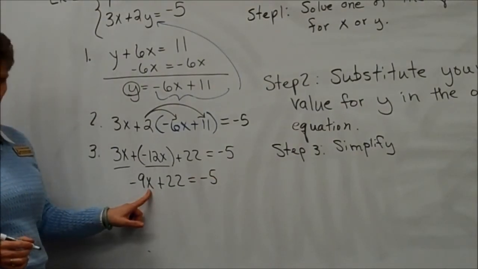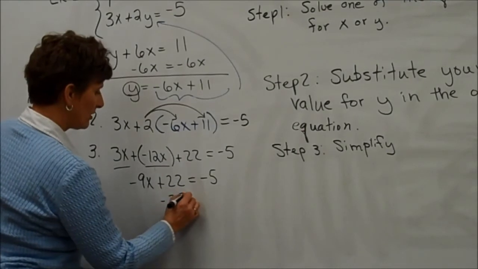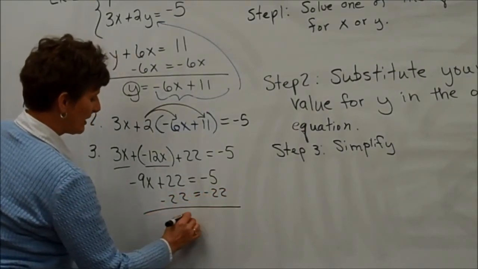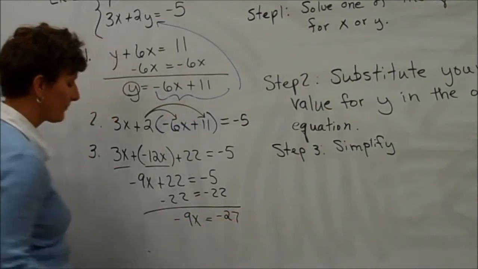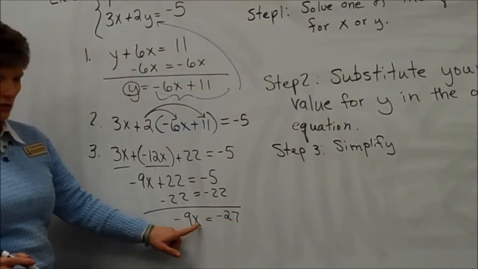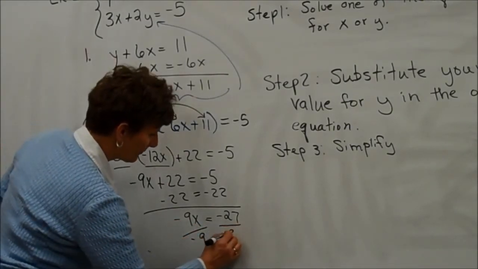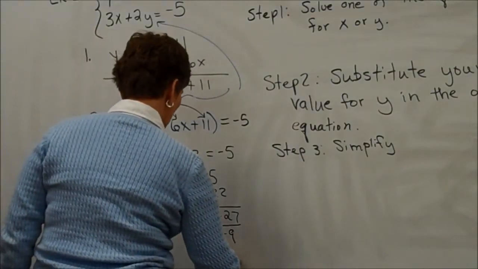I'm solving for x, so I'm going to undo the addition by subtracting 22 from each side. That gives me -9x equals -27. And finally, I will undo my multiplication by dividing both sides by -9, giving me x equals 3.